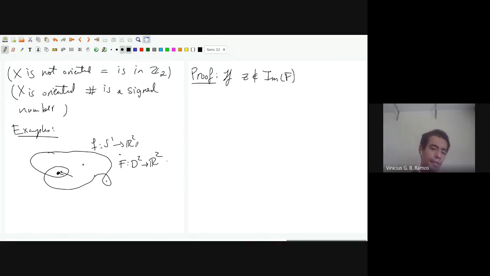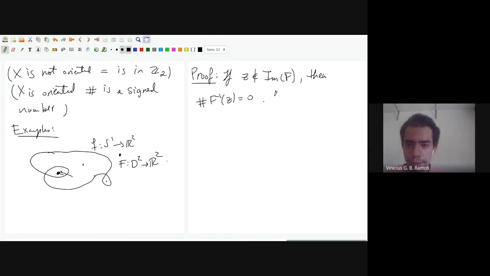So maybe, for example here, if my z is this point here, I can extend my function to the whole disk, and it still never hits z. Okay, so if z is not in the image, then we know that the number of pre-images is 0.